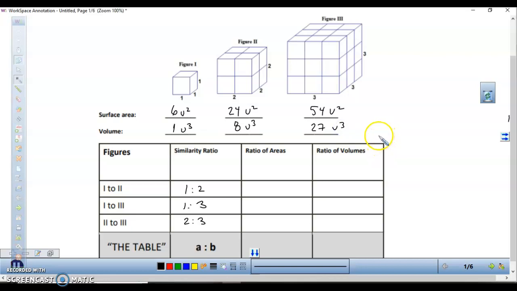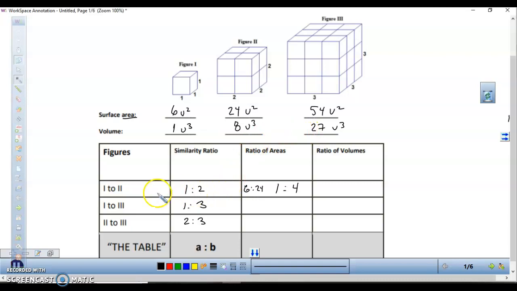So I'm going to use these values now to find the ratio of their areas. From figure 1 to figure 2, the ratio of the area would be 6 to 24, but that simplifies to 1 to 4.